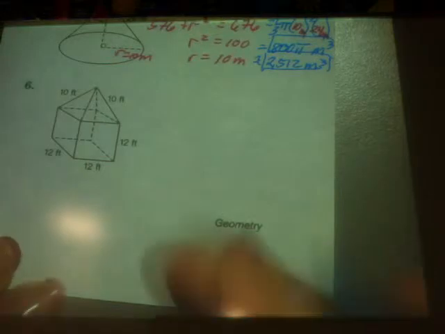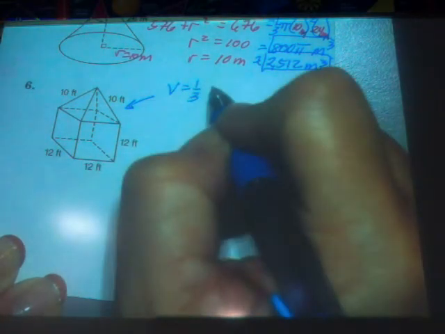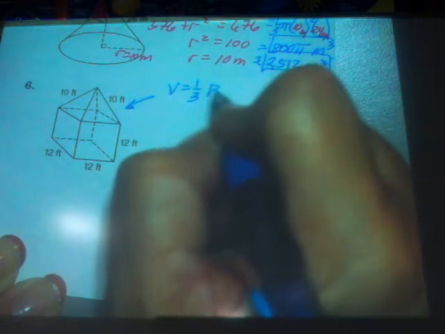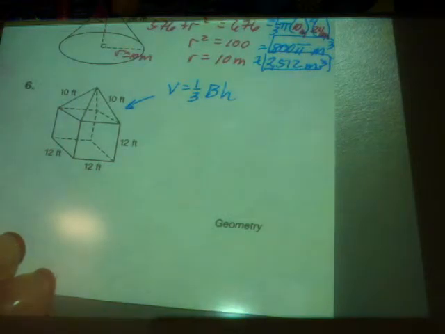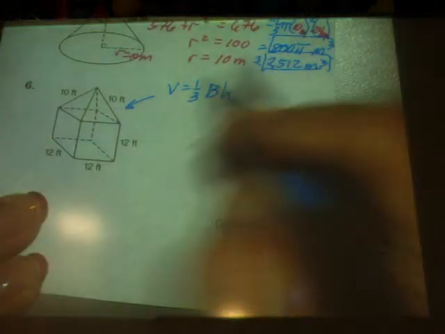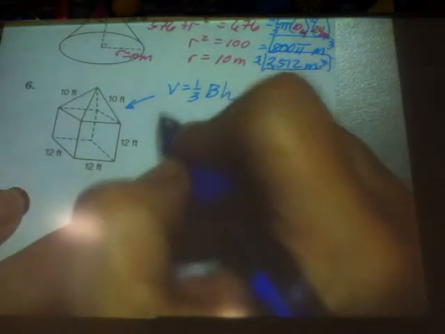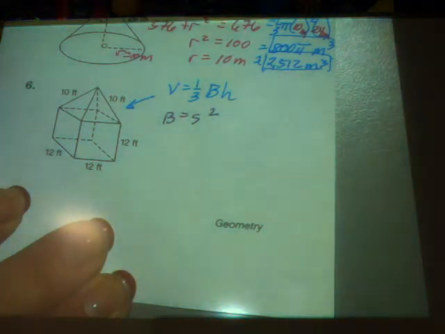So our volume for this is 1/3 big B H. Well, big B should be easy to find, right? Let's go ahead and find big B. Isn't big B equal to side squared because it's a square?